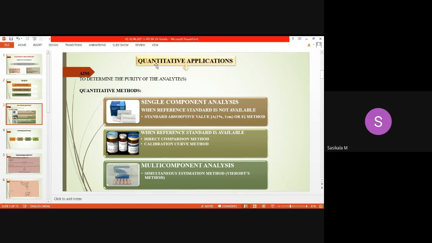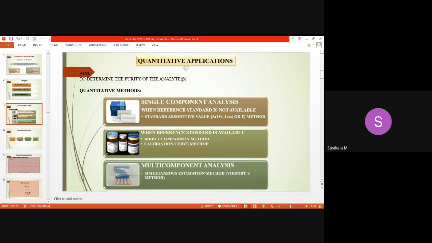We analyze the sample quantitatively by UV visible spectroscopy in order to determine the purity of the analyte. The quantity determined is compared with the standard, which tells about the purity of the analyte.